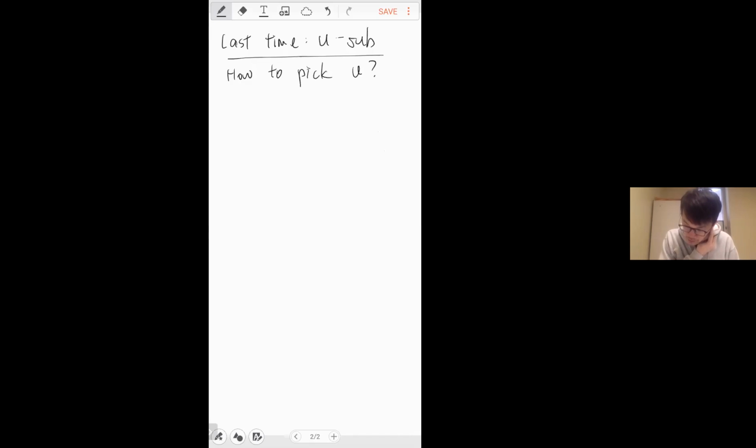So last time we talked about U-substitution, and then I want to also tell you briefly how to pick the U function in general. So the function that you pick, in general, would be the inner function.